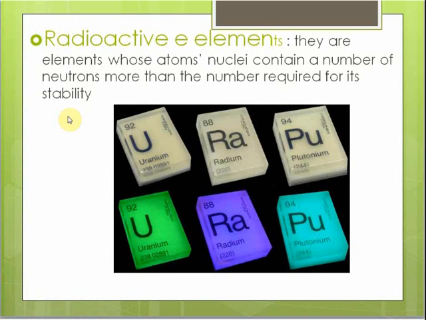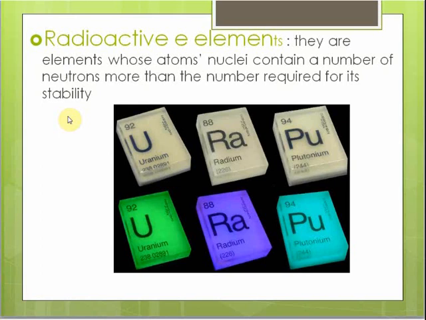If the atom contains a large number of neutrons more than the number required for its stability, this atom or element is called a radioactive element, an unstable element. We have many examples, like radium, uranium, cesium, polonium and rubidium. These elements are unstable and must get rid of excess energy to reach a stable state.